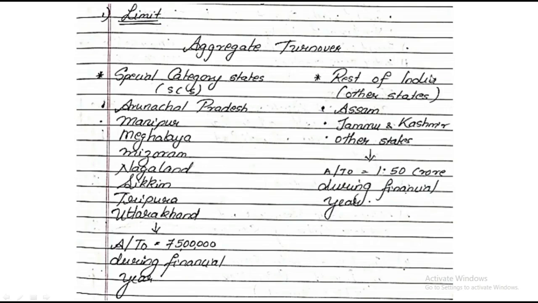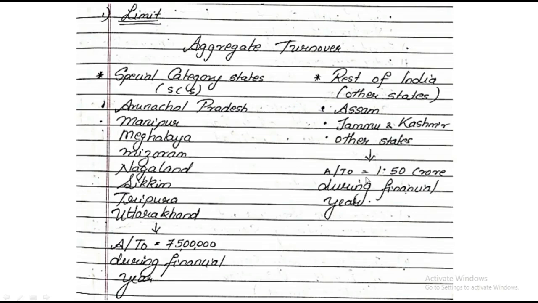For the rest of India, that is the states other than the special category states, which includes Assam, Jammu and Kashmir, and all other states, the limit for annual aggregate turnover is 1.5 crore during the financial year.